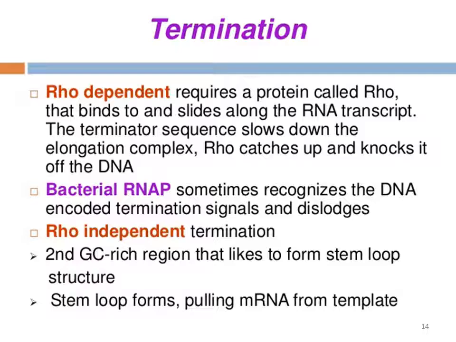Where they are in huge number, this makes a loop like structure. So when the RNA polymerase reaches this loop like structure, this loop is pulling the mRNA molecule from the template DNA. In this way, the mRNA molecule is separated from the DNA molecule.